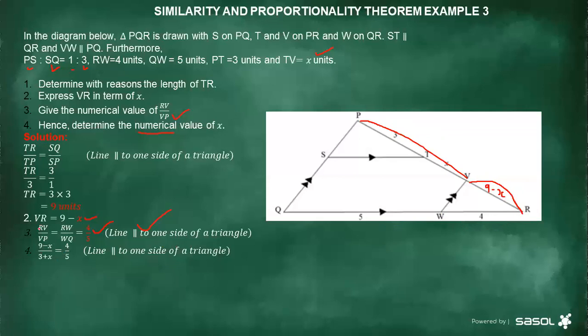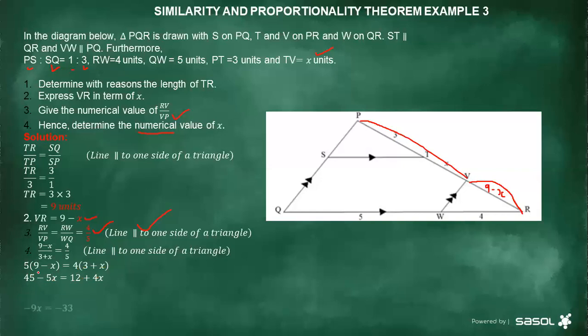Instead of writing RV, we have substituted with 9 minus X. Instead of writing VP, we have substituted with 3 plus X. Equals to, instead of RW, it was 4, and then WQ, it's 5. Therefore, the next step, obviously, we're going to cross multiply. Then this is what we are getting after cross multiplying. Therefore, we're going to open the bracket. 5 times 9 is 45. 5 times negative X is negative 5X. And then 4 times 3 is 12. 4 times positive X is 4X.